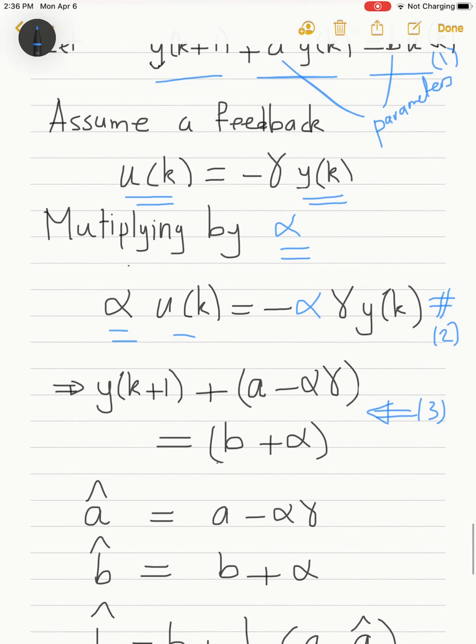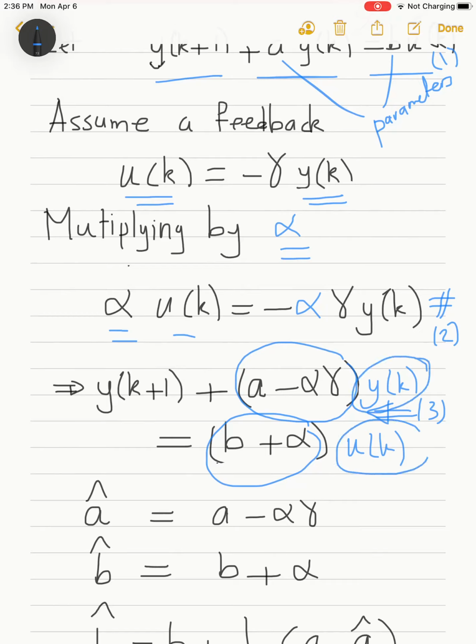And in the new equation, here should be y of k. In this new equation, the parameters of the equation would be a minus alpha gamma and b plus alpha. So these are the parameters to be estimated by taking the measurements y and u.